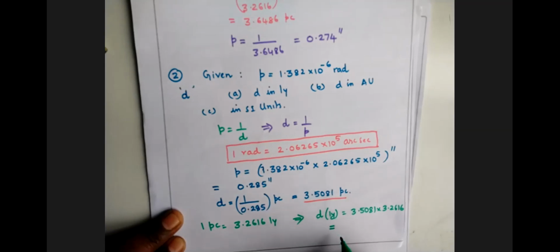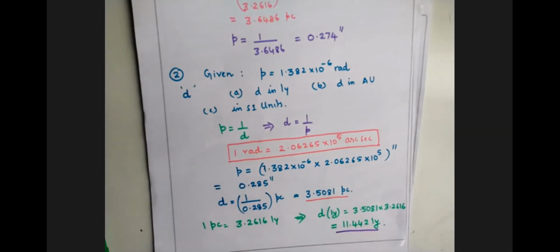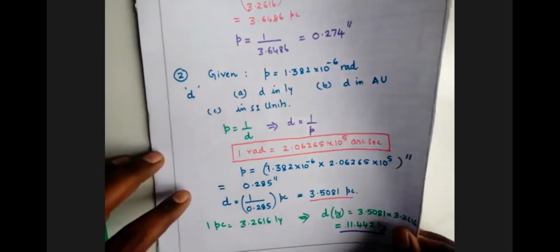This comes out to be 11.442 light years. So we have worked out the first part of the problem. The distance of the star Aldebaran is 11.442 light years.